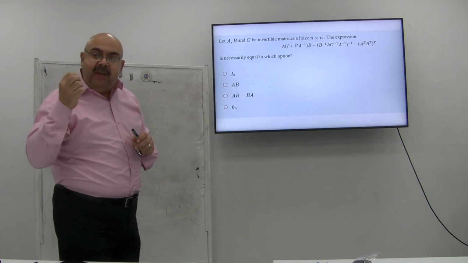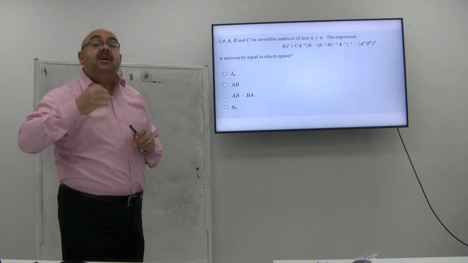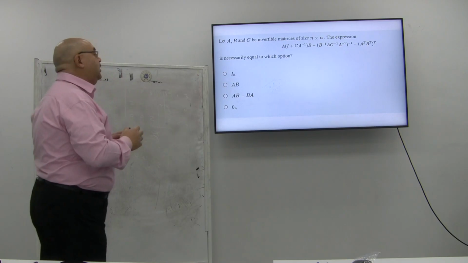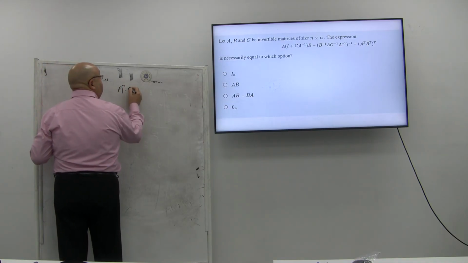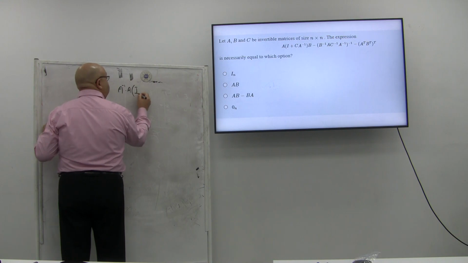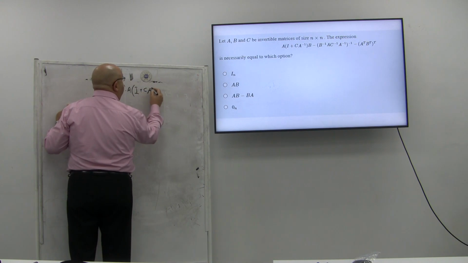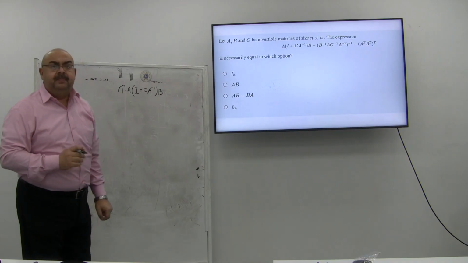If I multiply by A inverse, and please, once you multiply, respect the direction of multiplication. So I will multiply from the left. So it's going to be A inverse times A. This is I, plus A inverse times C times A inverse, and all of them multiplied in B. I will talk about this part only. The rest will be the same.